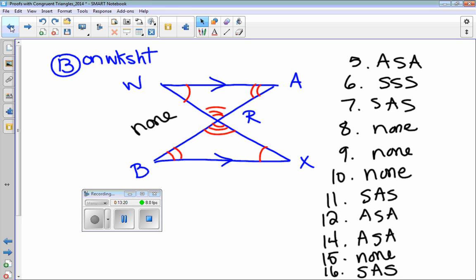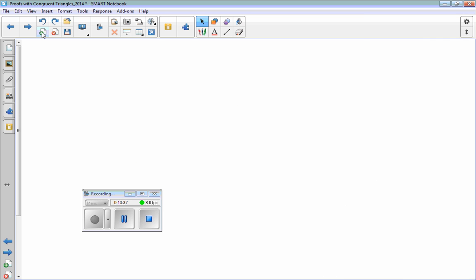Anything else? All right, let's look at the back, if you would, on the 4-2. Okay? Number 1, the included angle is angle M. Number 2, which sides include, well, let me just draw. Sorry, let me draw that one. So this is the 4-2 worksheet.